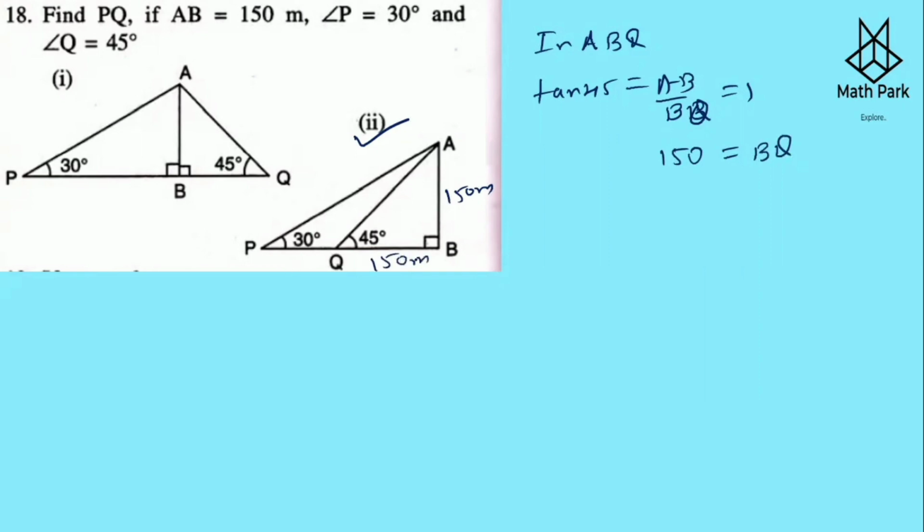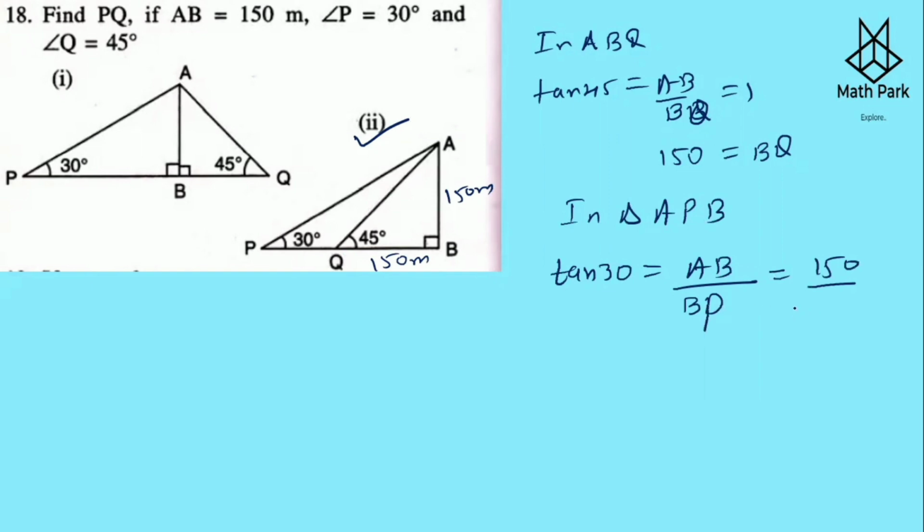Now you have to find BP. In triangle APB, tan 30 is equal to opposite AB upon adjacent BP. So tan 30 is AB, 150, upon BP, which is 150 plus PQ, and that is equal to 1 upon root 3. PQ is what we have to calculate.